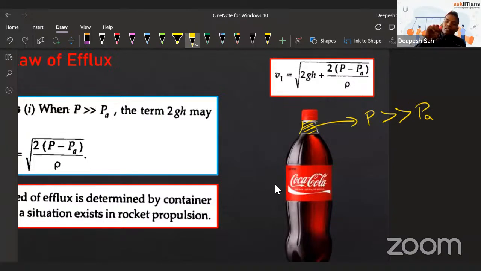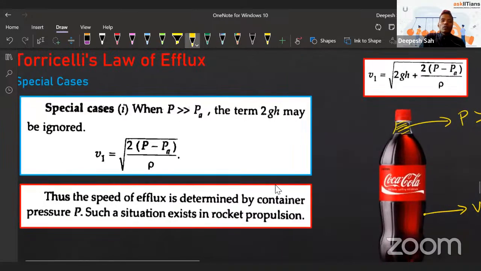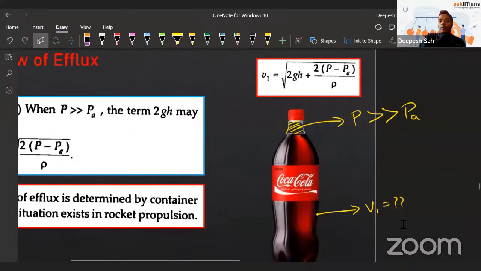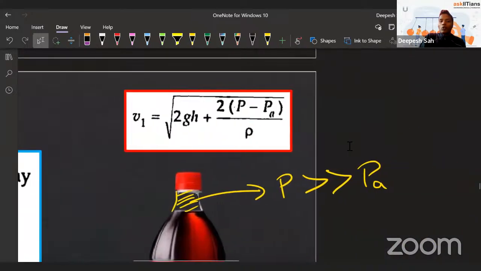Now, if P, that is the pressure inside the container, is very big as compared to atmospheric pressure, and you make a hole in that bottle, with what velocity will the liquid come out? The liquid will come out with a velocity like this. Why? Because as you can see, the original formula has 2(P minus PA) by rho.